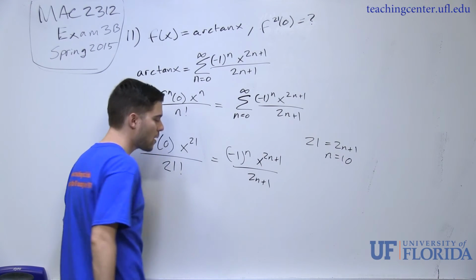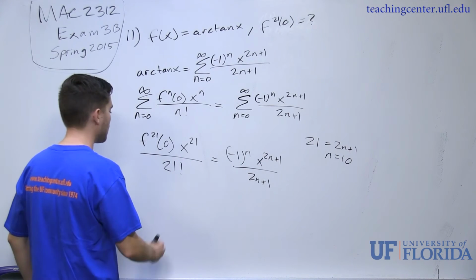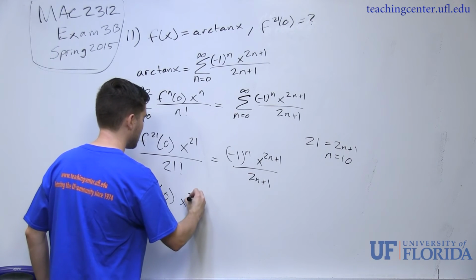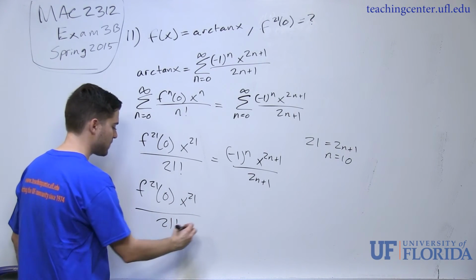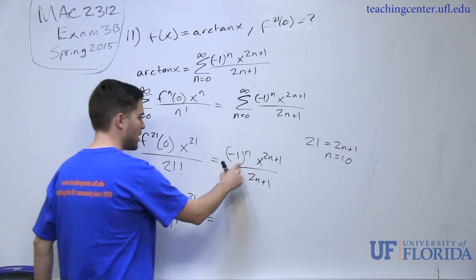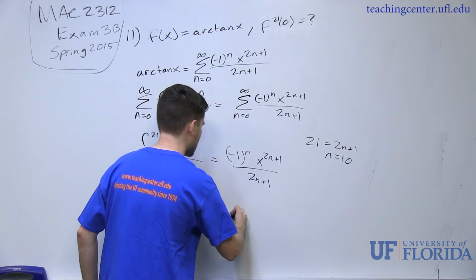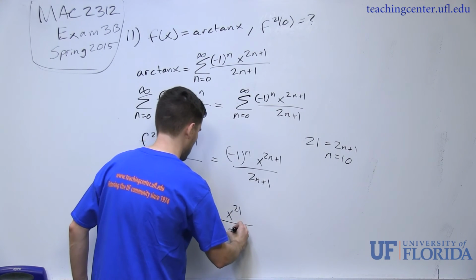So I'm going to plug in my n value over here, and I end up getting f^(21)(0) x^21 divided by 21 factorial, equal to (-1)^10, which is positive 1 so we don't have to worry about that, times x^21 divided by 21.